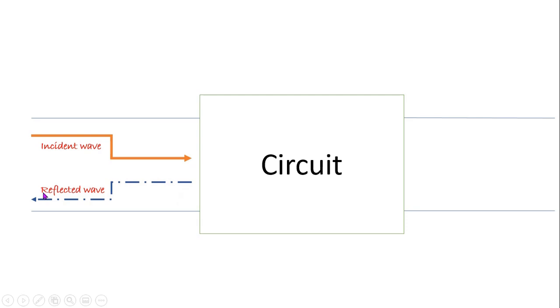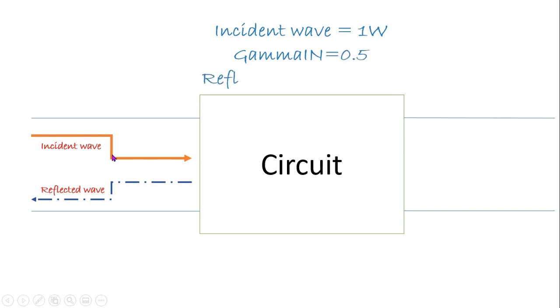We don't know the reflected wave, but we could estimate it if we know the reflection coefficient, which is given by gamma in. So for example, if we send an incident wave of 1 watt of power and our reflection coefficient is 0.5, that means half a watt of power will get reflected.